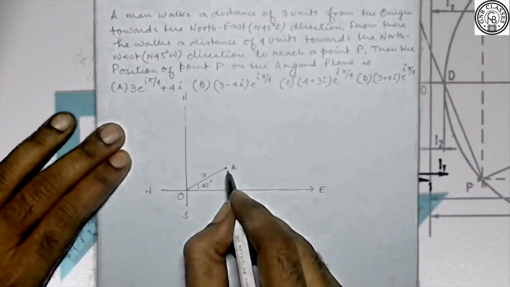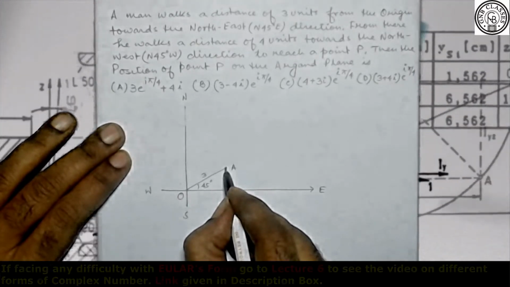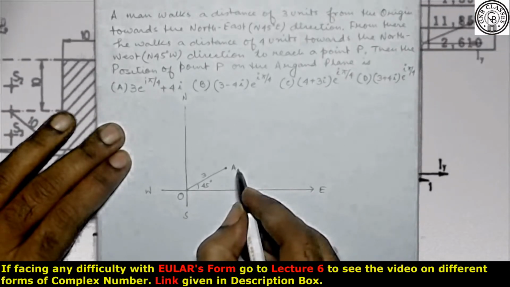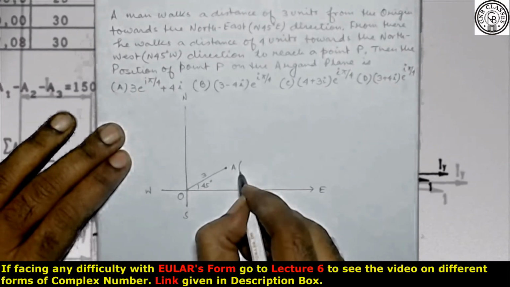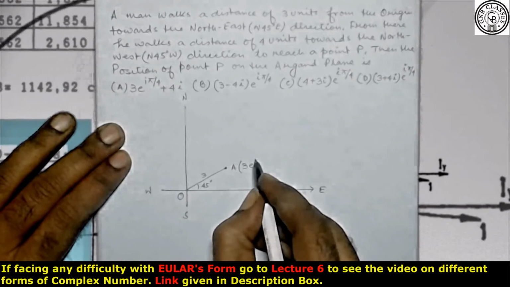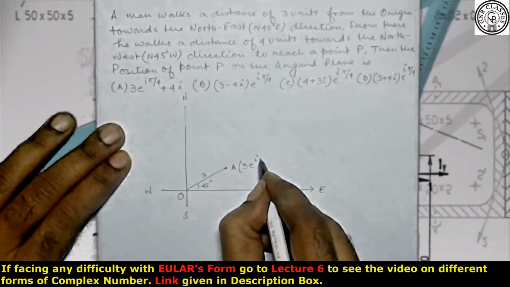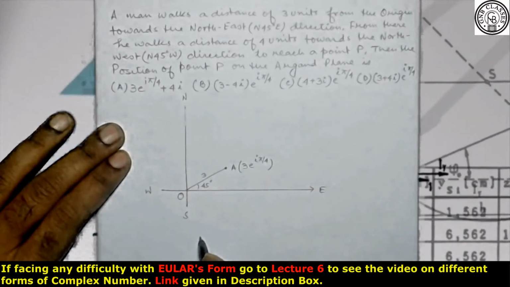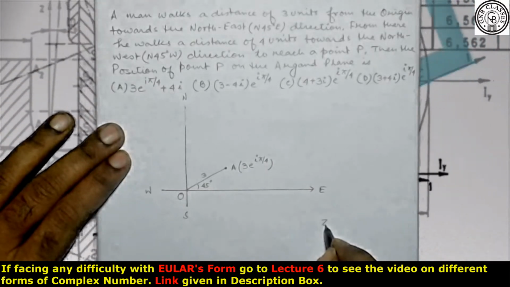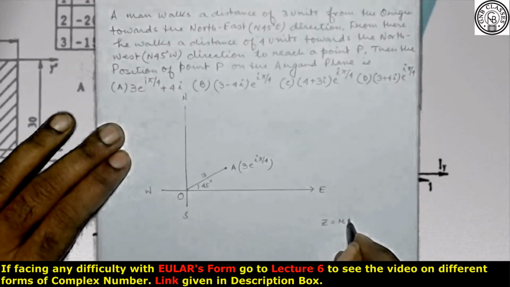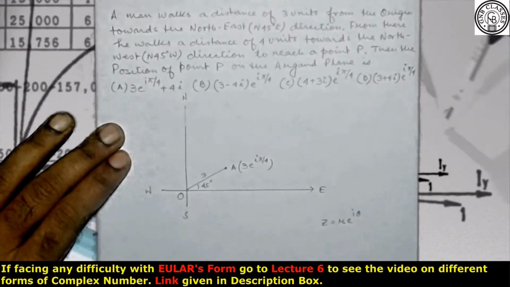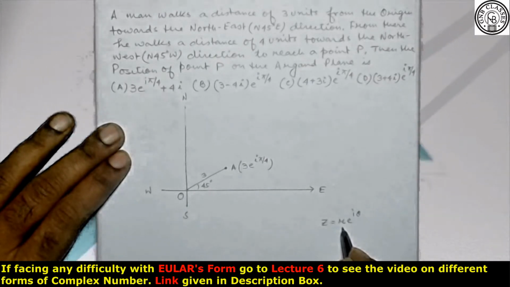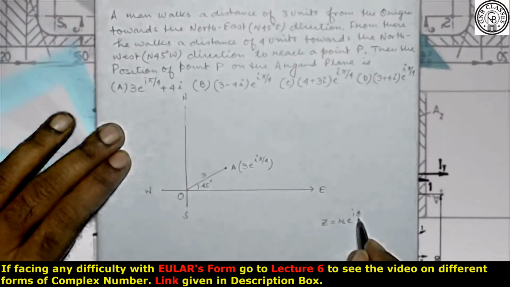Now what will be the position vector of the point A? We know from Euler's theorem that it will be 3 e to the power iota theta. Yes or no? We know that any vector in Euler's form can be written as r e to the power iota theta, where r is the modulus and theta is the argument of that complex number.